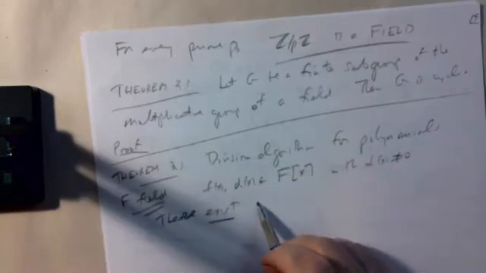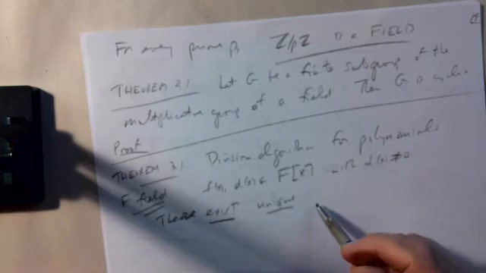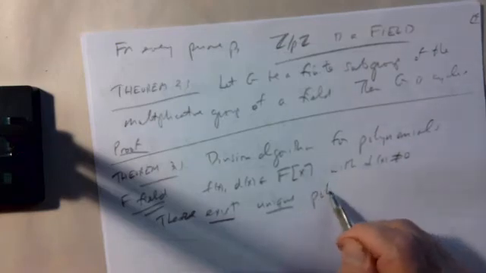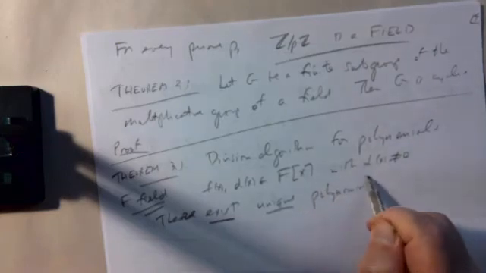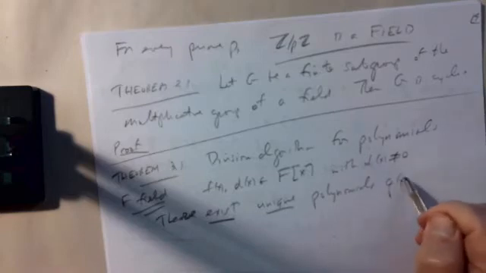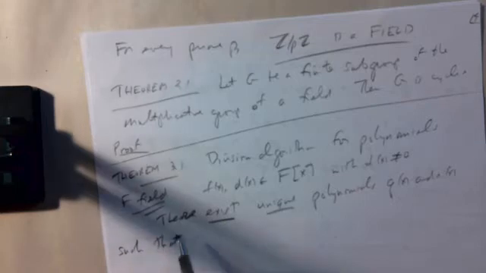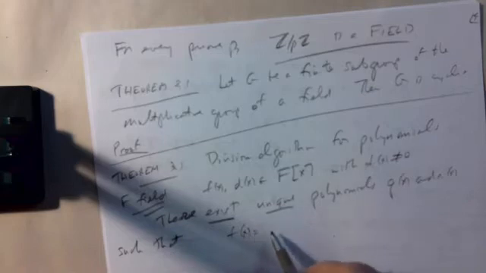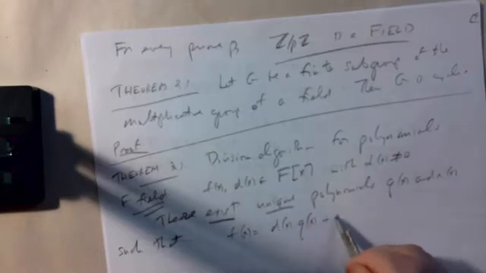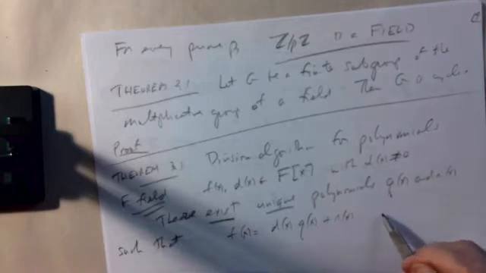so existence, uniqueness, there exist unique polynomials q of x and r of x, such that f of x, if you divide it by d of x, you get a quotient q of x and a remainder r of x.